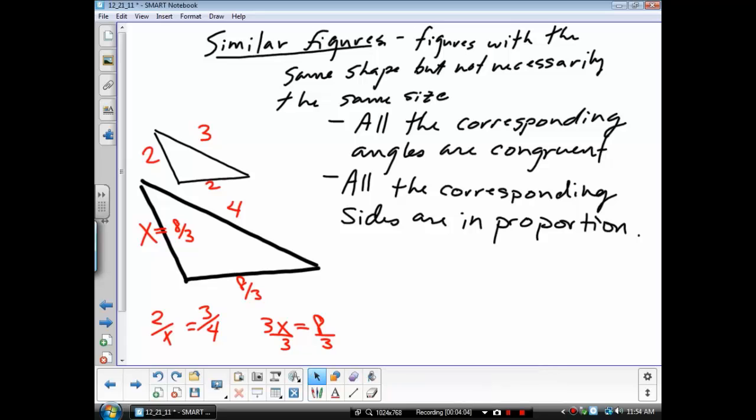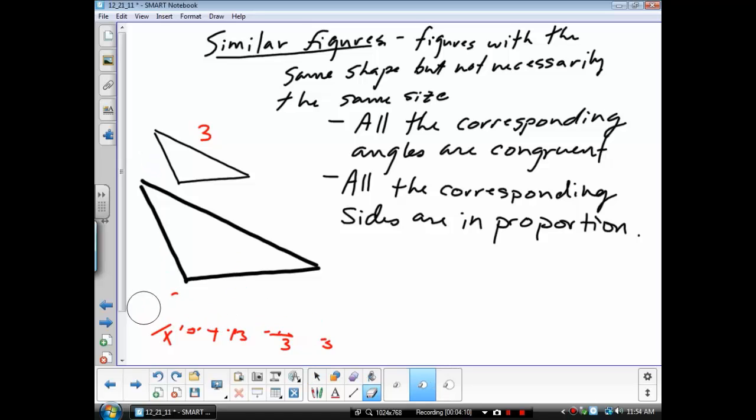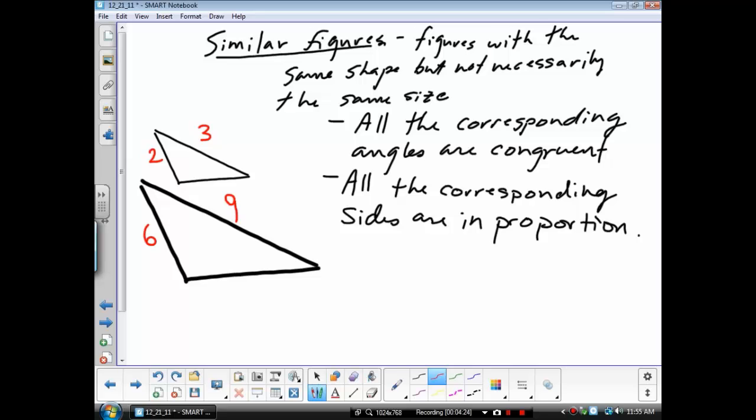Let's do another set of numbers. If this is 3 and this is 9, then if this is 2, what will this be? 6. And let's say this is 2.5. Then we go 2.5 times 3, because I know it's a 1:3 ratio in every case.